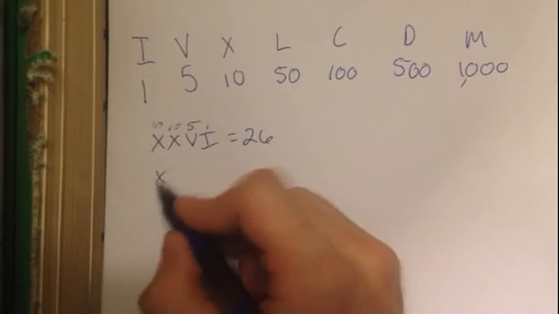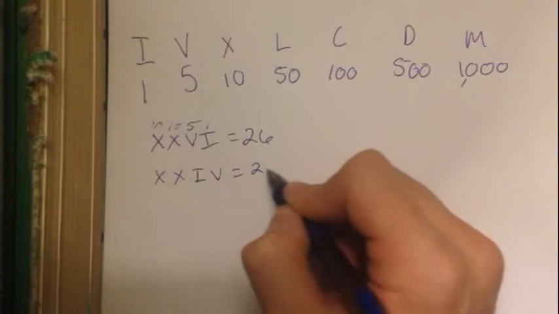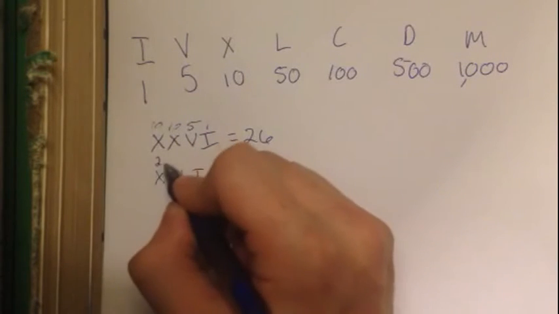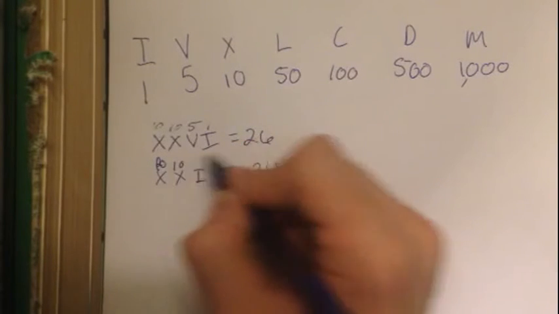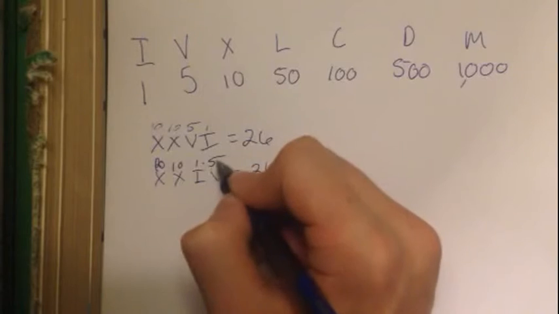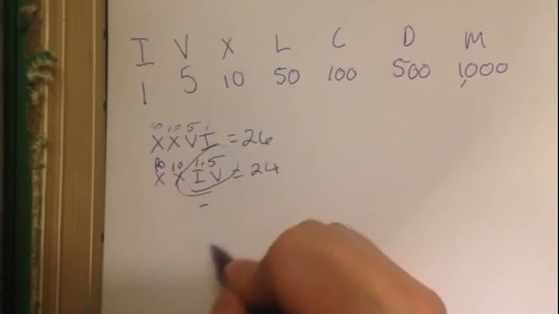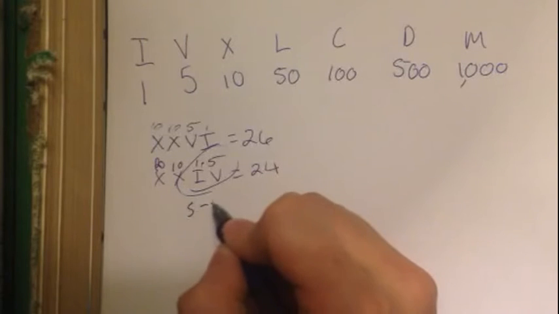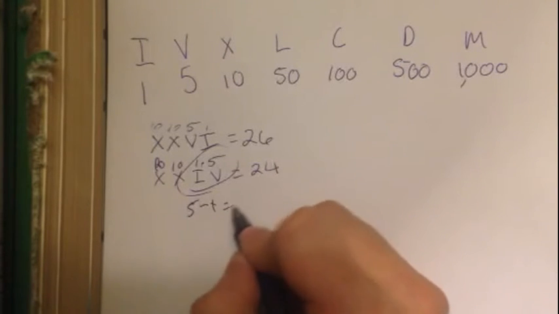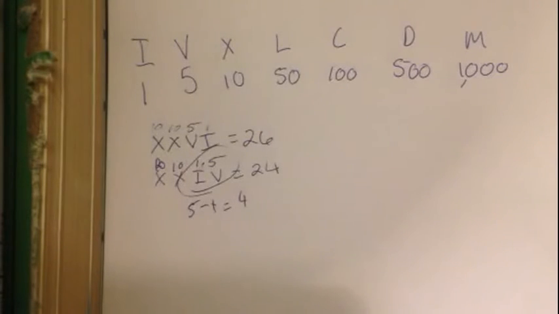If you had a number like XXIV, that would be now 24. You have 10, 10, 1, 5. So because that 1 comes before that 5, you have to group those together, subtract 5 minus 1, and get that 4 for the 24.